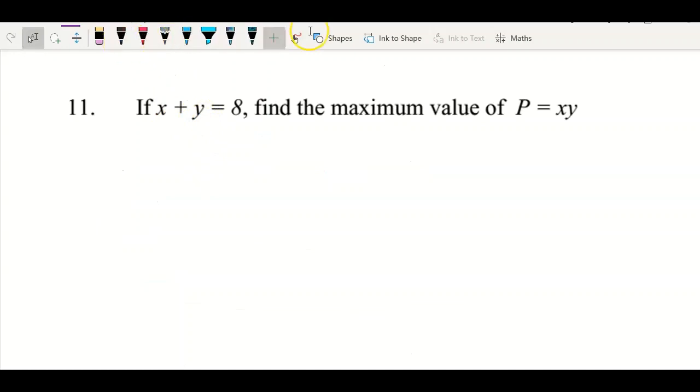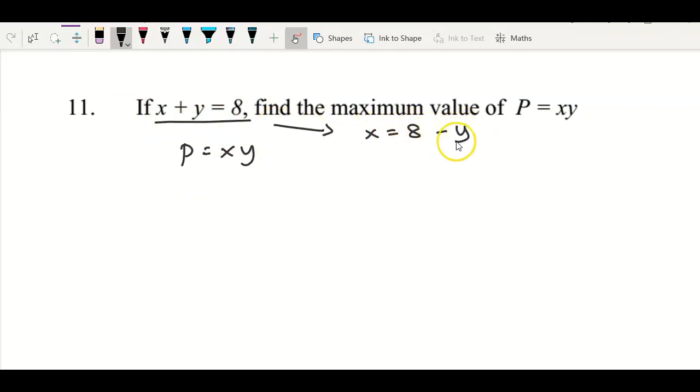Question 11 is a simple question where x plus y is equal to 8. This is information given just to show us the relation between the x and y. And we want to find the maximum value of P, which equals xy. So we need to convert the P into a single variable by using this relation, where I will find my x in terms of y.